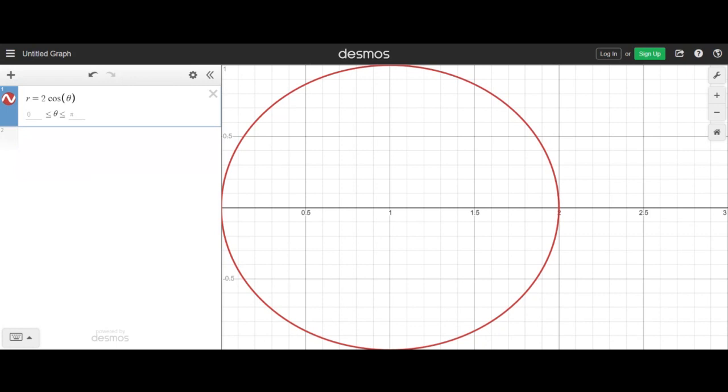And that's right, Leping. And where's it centered? What's the center of this circle? It's not the origin. It's (1, 0). That's right.